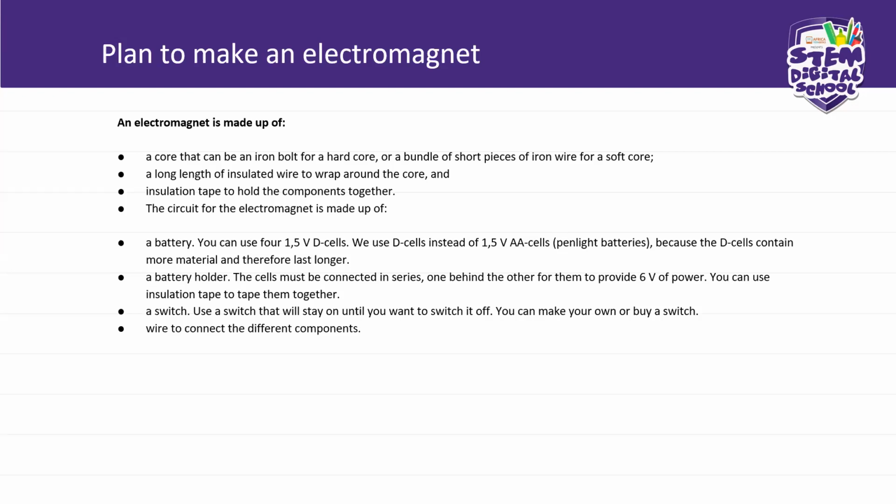The circuit for the electromagnet is made up of a battery. You can use 1.5 V D cells, those big cells. They are still 1.5 volts. We use D cells instead of the 1.5 V AA cells. The AA cells are pen-like batteries.